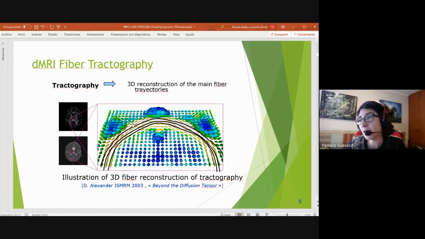But when you have white matter, the fibers, the water will move following the direction of the fibers. This information is used to reconstruct the main white matter fibers, what is called tractography.